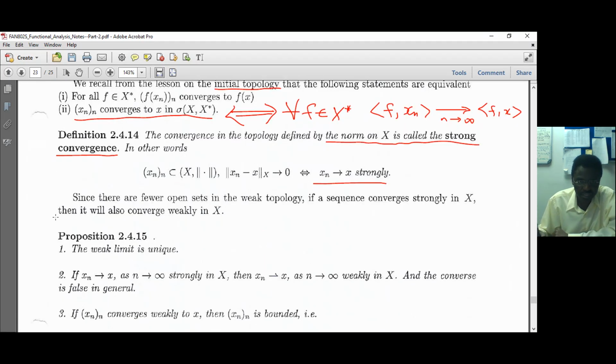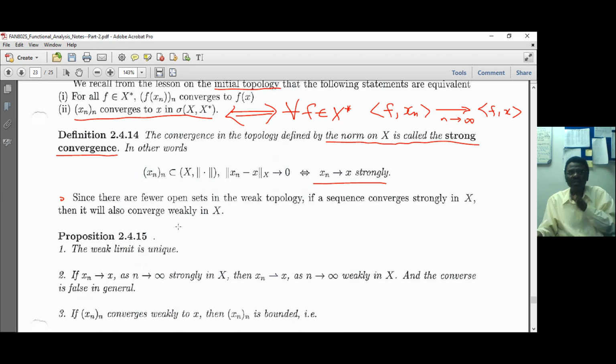Now, this is a good remark here. Since there are fewer open sets in the weak topology, if a sequence converges strongly in X, then it will also converge weakly in X. Because remember that the opens for the weak topology are part of the opens of the strong topology, just that there are very few.